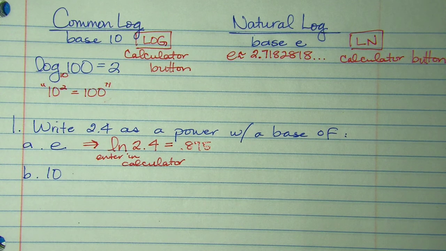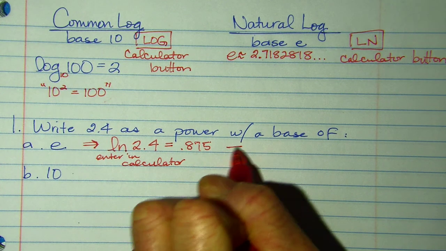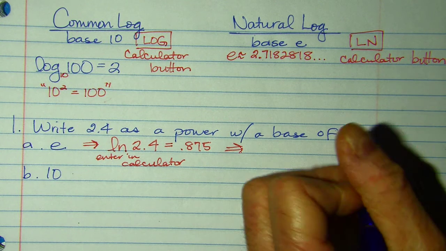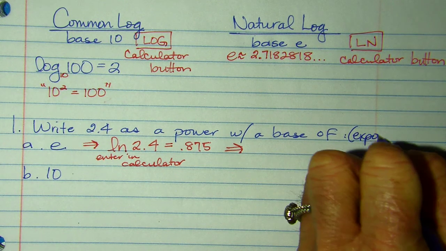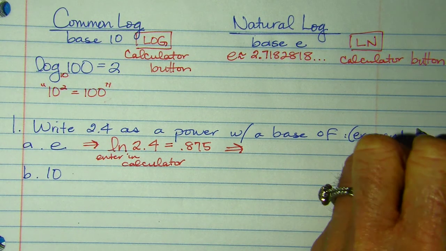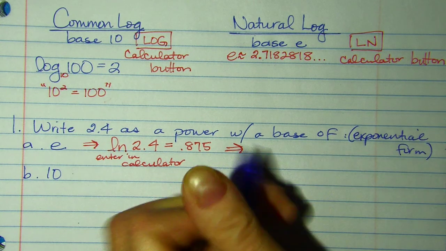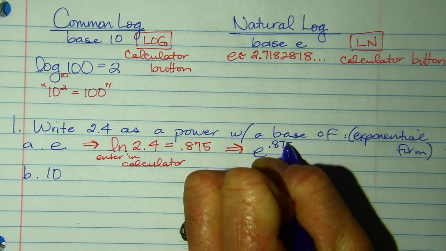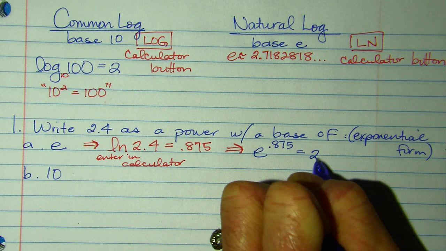Now it wants me to write it as a base of e. So I'm going to rewrite this in exponential form. So e to the, you just found the exponent, 0.875 equals 2.4.